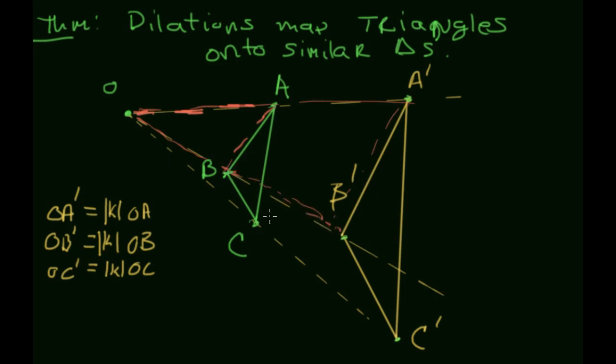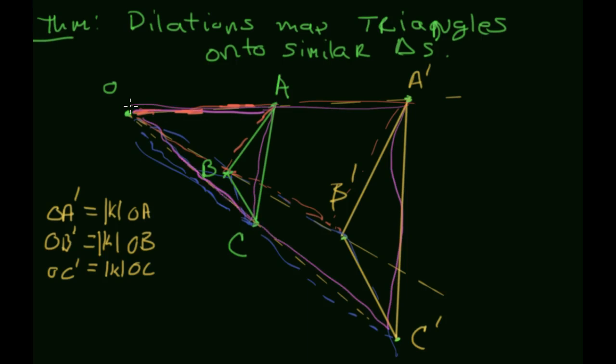Well, we're going to try to prove that. This blue one here, OBC, is similar to the big blue one out here. And finally, we'll make it purple. This purple one is going to be similar to the big purple one out there.